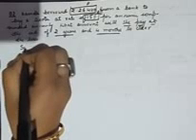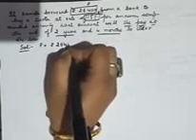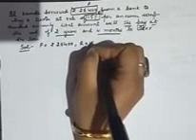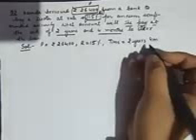I am starting my solution here. Beta, we start from P, rupees 26,400. Your rate is 15%, and the time given to you is 2 years and 4 months.